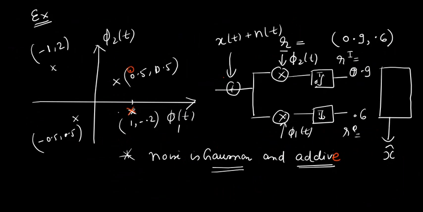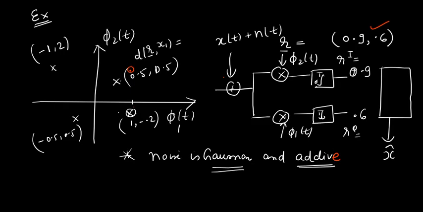So this, no, 0.9, 0.6. Yeah, distance, right? Okay. You have evaluated the distance of R with this.